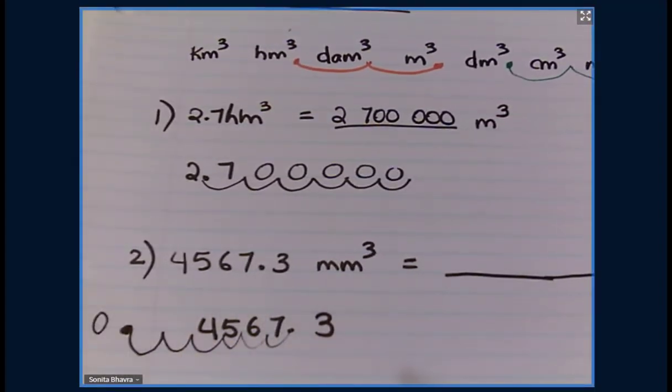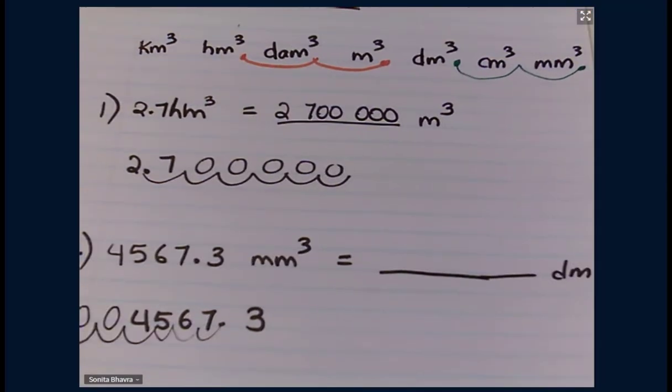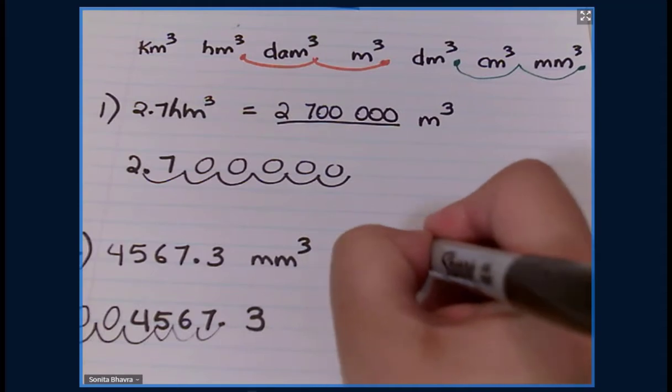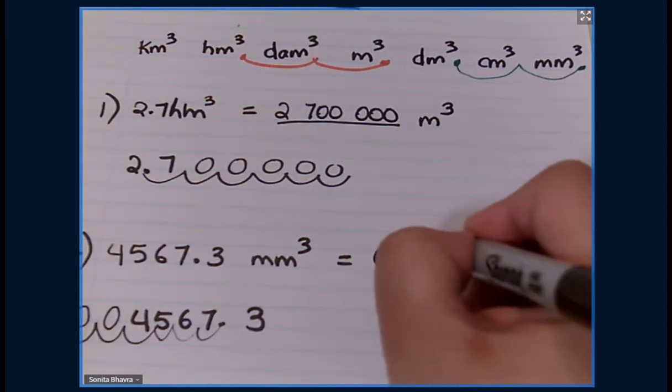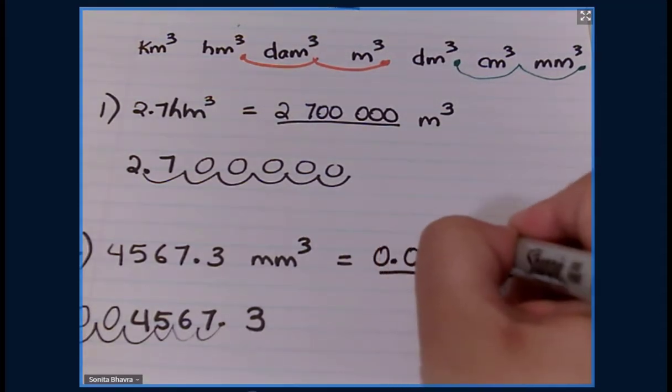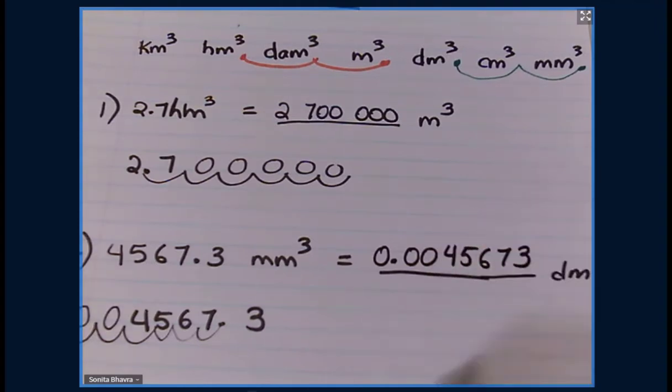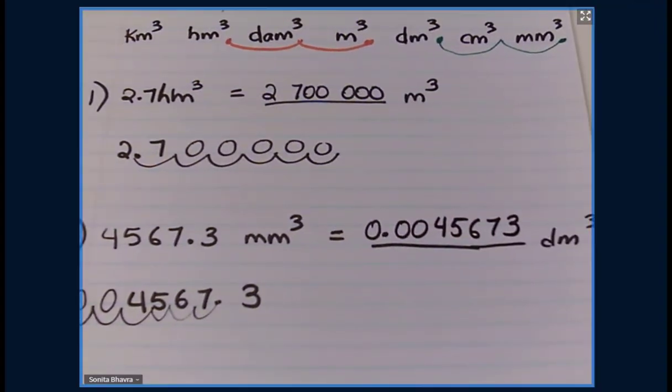We're going to put a 0 in front of the decimal place and fill those spaces in with 0. So the answer is 0.0004567 decimeters cubed.